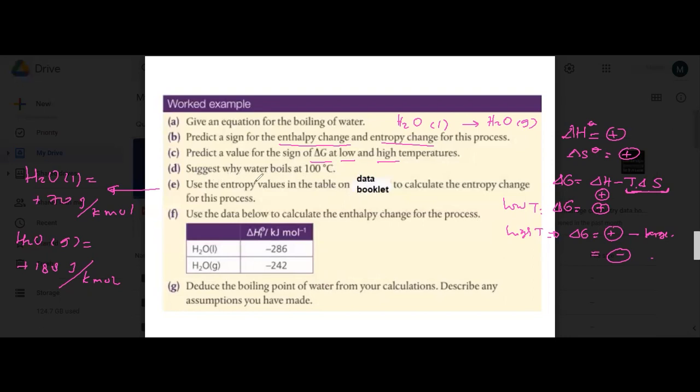Okay, D. Suggest why water boils at 100 degrees. Don't say that you just memorized this, right?